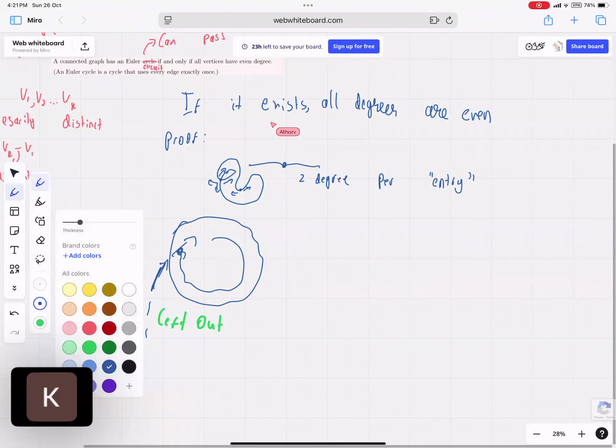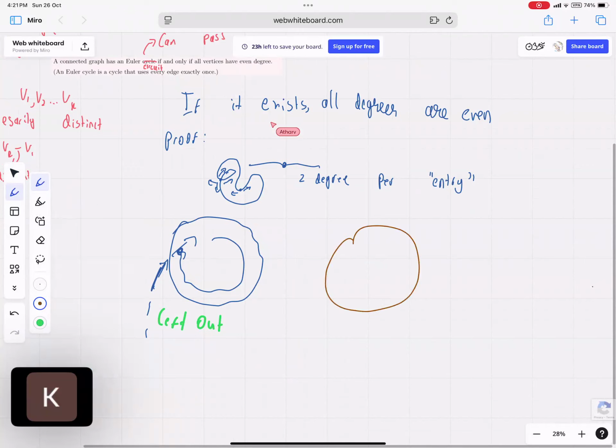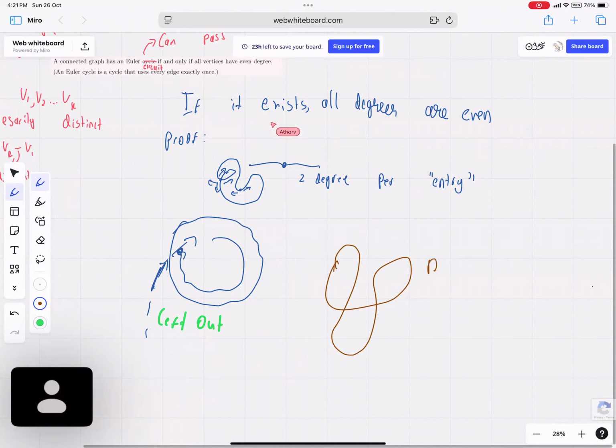It's a circuit, so let's say it has some intersection. So there are some edges left out. And since this is an Eulerian circuit, it would have an even number of edges.